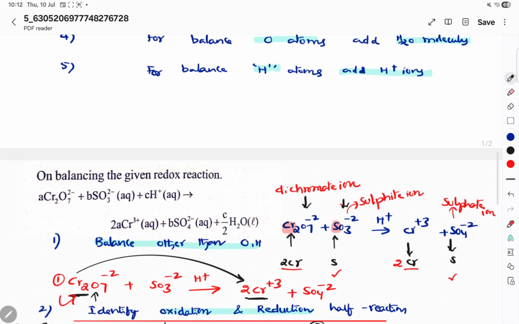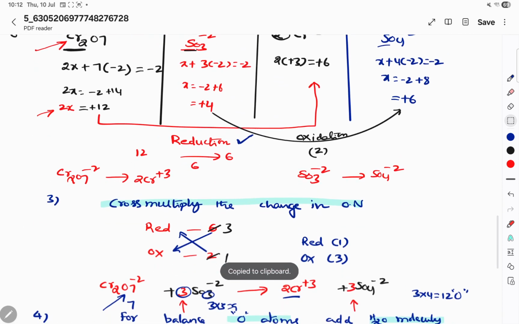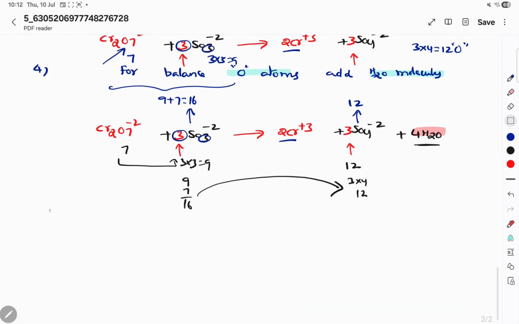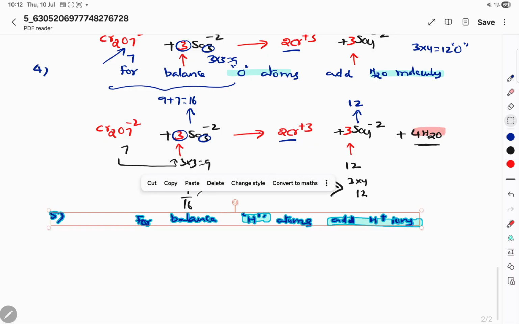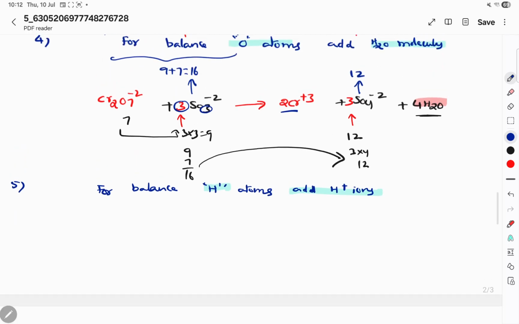Next, rule number 5, balance hydrogen atoms, add H plus ions. Now you can see this side. This is rule number 5. Now you can add hydrogen atoms. This side I have 4 2 just 8 hydrogen atoms. This side I don't have any hydrogen atoms, 0 hydrogen atoms.